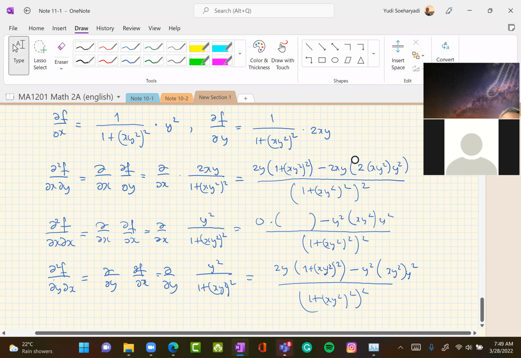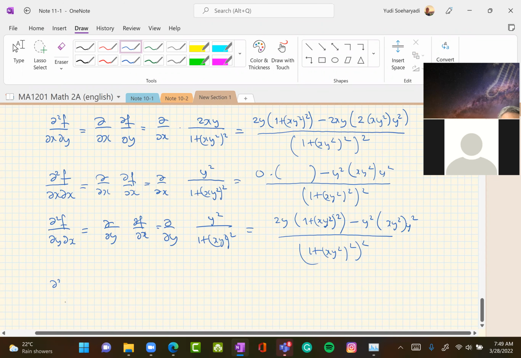And last, meaning d/dy of df/dy. What's df/dy here? And you can compute this one.